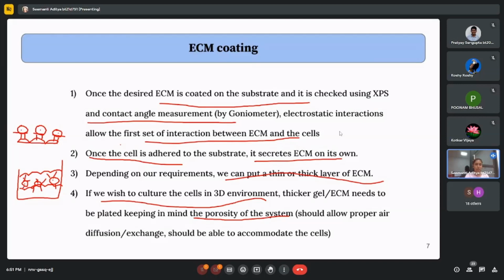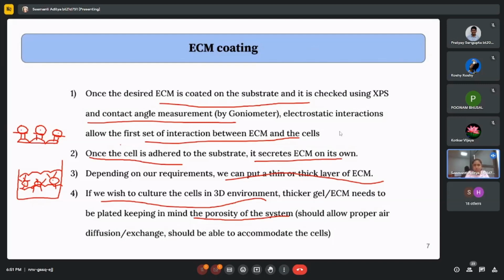That is what is known as porosity. When we are making any gel, how tightly the molecules are packed inside the gel determines the porosity. So we need an optimized porosity level so that the cells we want to grow get accommodated in the system.